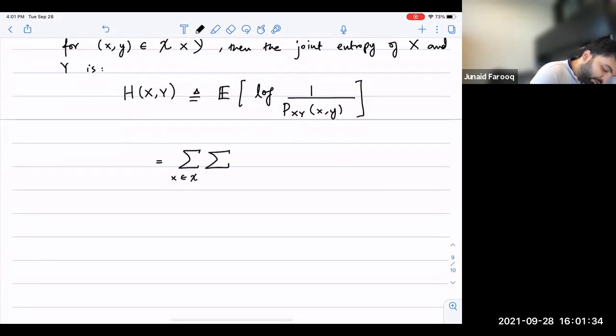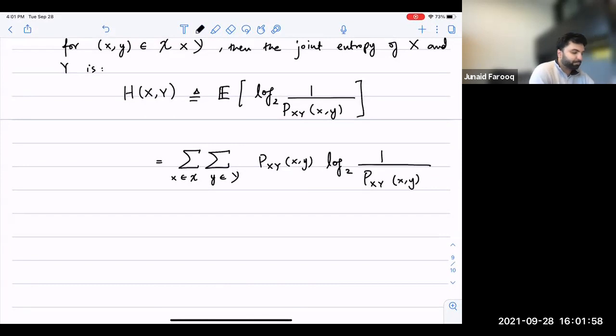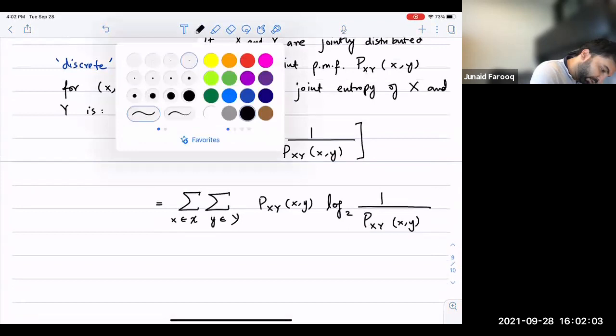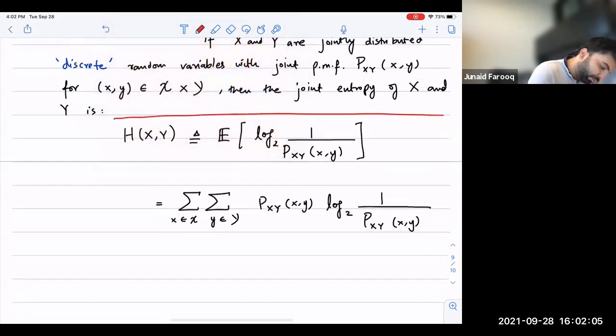So x belongs to this set, y belongs to this set, and we have the Pxy times the log base 2 of 1 over Pxy. So that's the definition of joint entropy of two random variables.